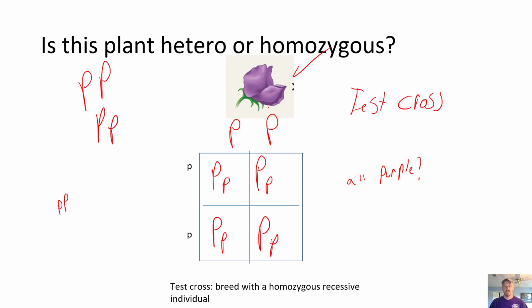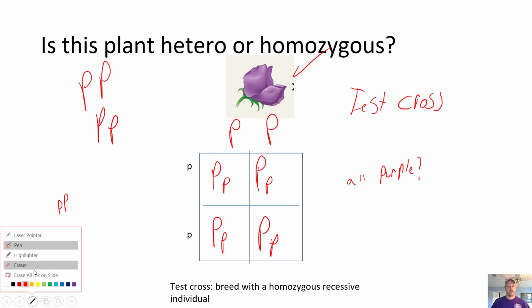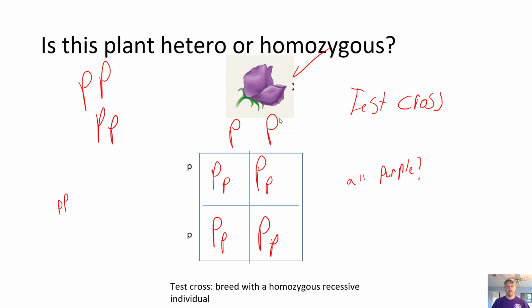But what would you get if this was actually heterozygous? Let me erase these. What would you get if this was big P, little p? Well, then you would get 50% white and 50% purple, right?